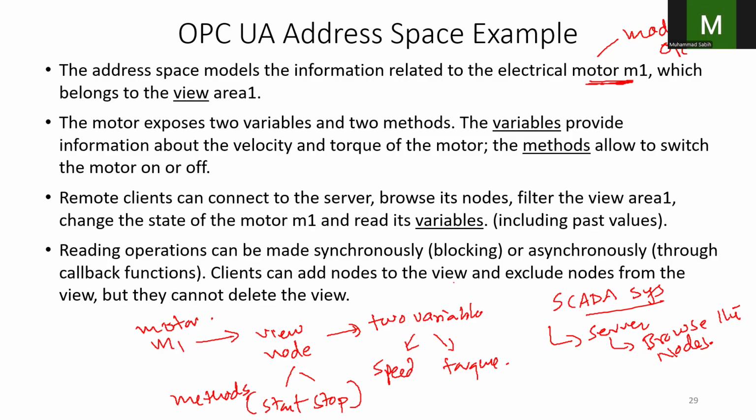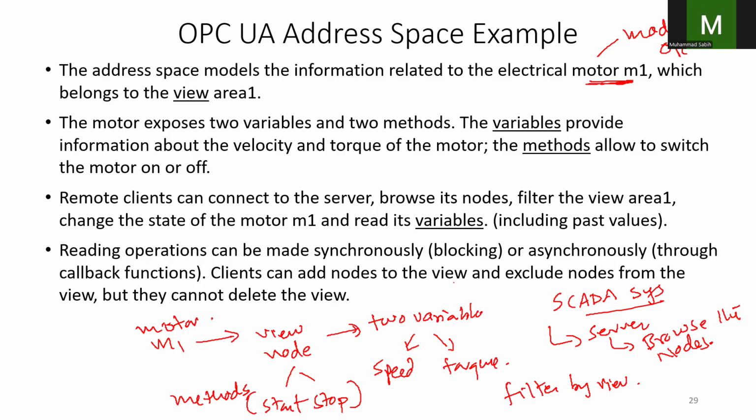For example, you can filter by view and read and write to those elements. They can change the motor's speed or retrieve the values, even for the past.